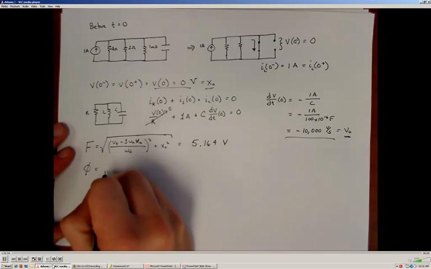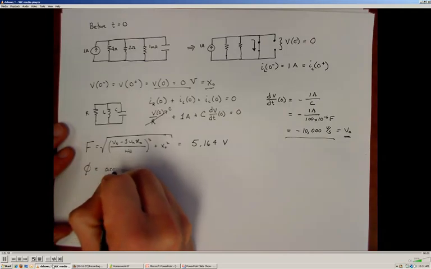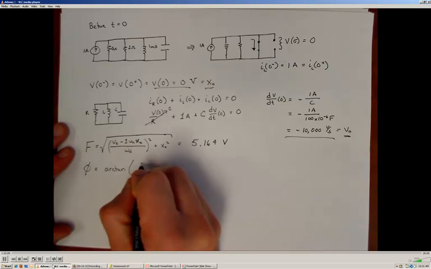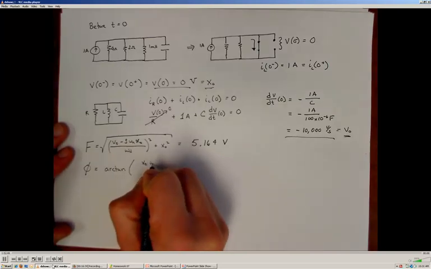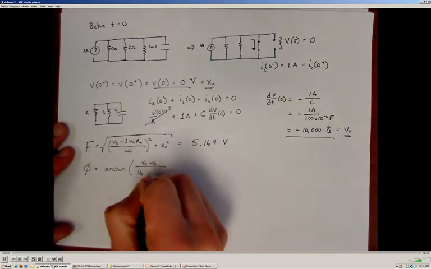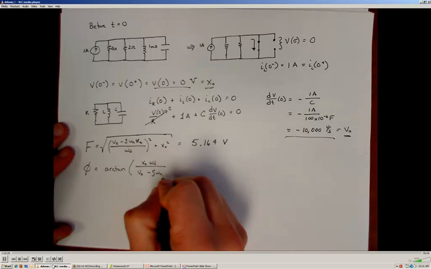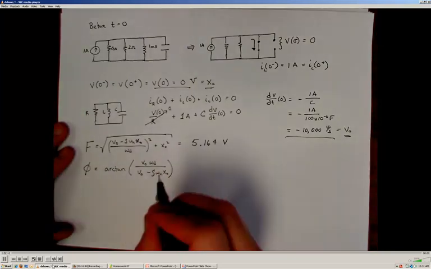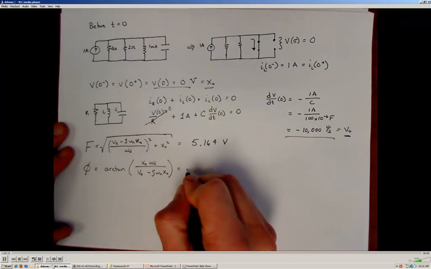And the value of my phase shift is the inverse tangent of x naught times the damped natural frequency divided by v naught minus squiggle omega n times the initial condition. And when I evaluate that, I get the arctangent.